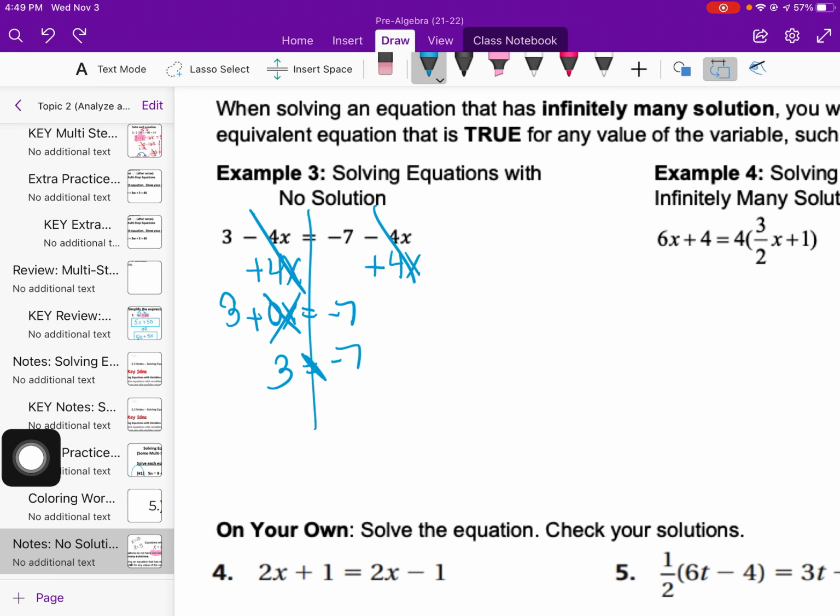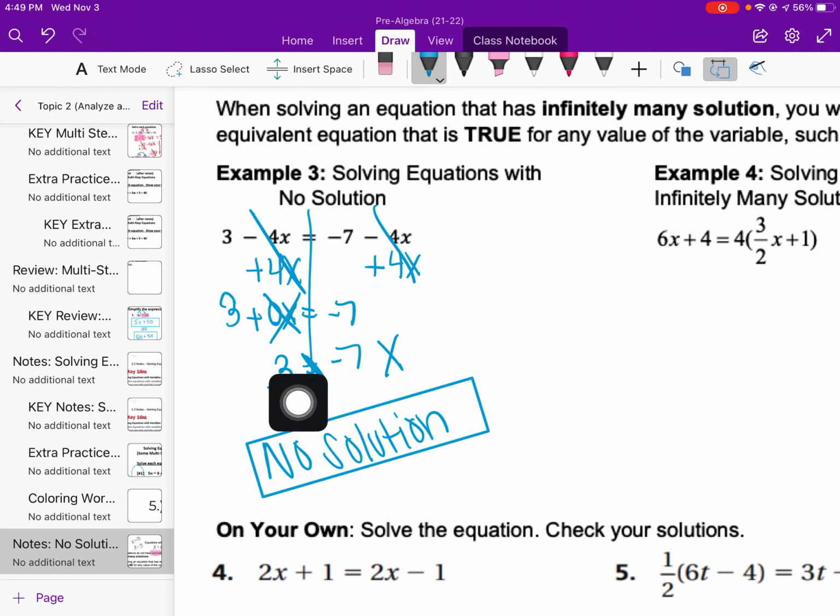Oops, that's not a check, that's an X. When you end up with your last step looking like this, I know this is a no solution answer because the left-hand side does not equal the right-hand side. That's not a true statement. This is a false statement. I can't plug in any number for x in order to get this side equal to this side. So that's what a no solution problem looks like.